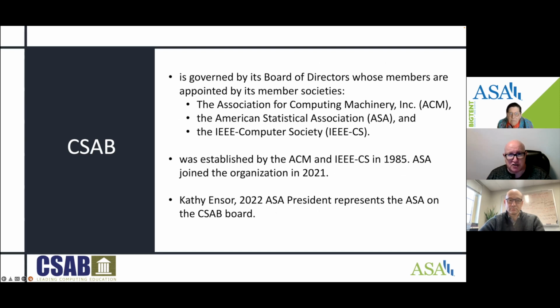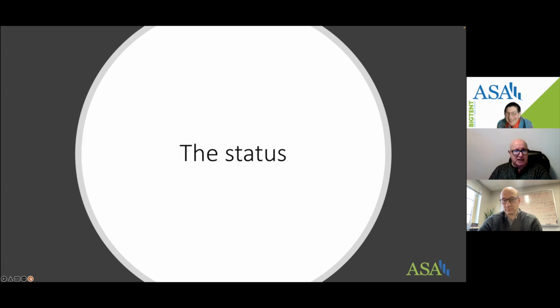Now we joined in 2021, and our representative on that happens to be our 2022 ASA president, Kathy Ensor. Next. Okay, so that's the introduction, the background for all this. And I go over to Dave for the things that you signed up to be here for.